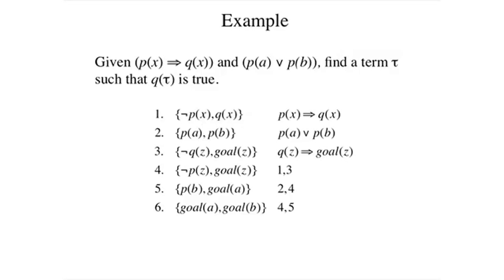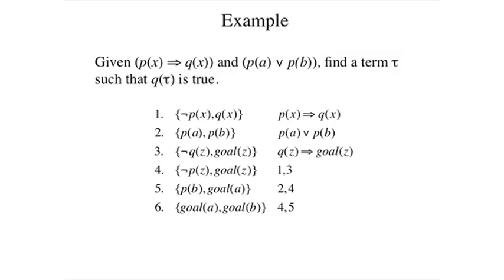Okay, one more example. Suppose that instead of knowing P of A and P of B, all we knew was that at least one of those facts was true. What would happen? Our disjunctive premise is shown here on line 2. The goal is the same.